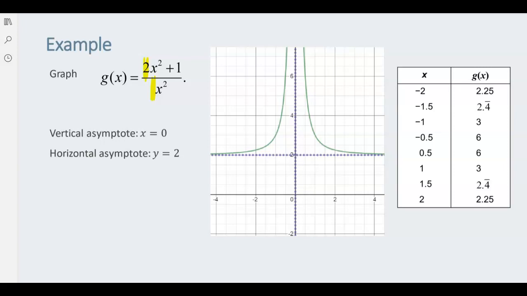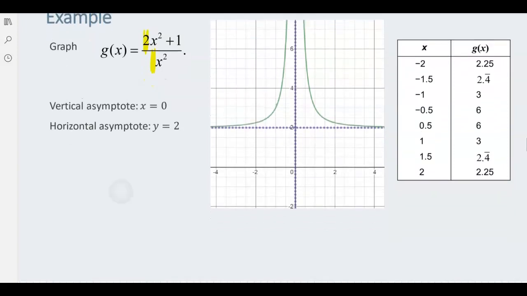In this case, we could have plugged in a couple test values to see what's happening with the rest of the graph. But another idea would be to just plug in values very close on the left and right of the vertical asymptote. Like let's say I plugged in f of 0.1, a point that's just to the right of the y-axis in this case, or I plug in f of negative 0.1, just to the left.